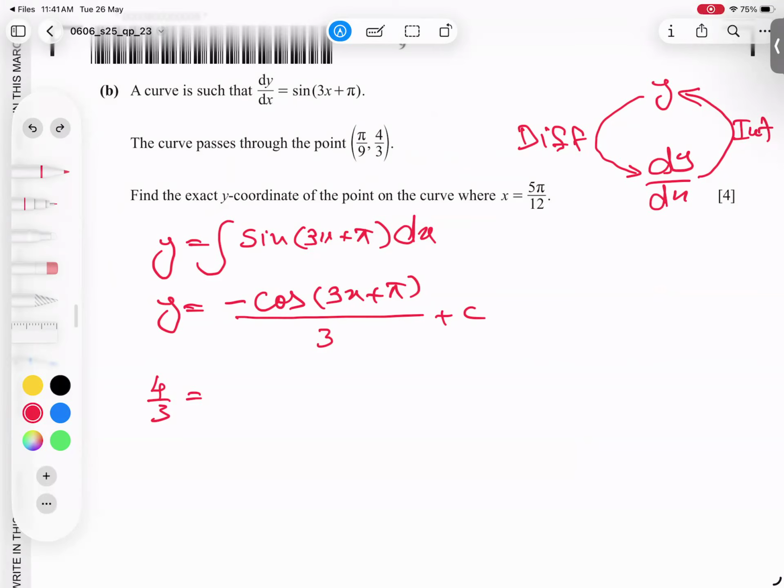Okay. So when I plug in pi by 9 here, let me check again. It is coming in radians. Make sure, students. So it is coming 3 times pi by 9, divided by 3, and plus pi.